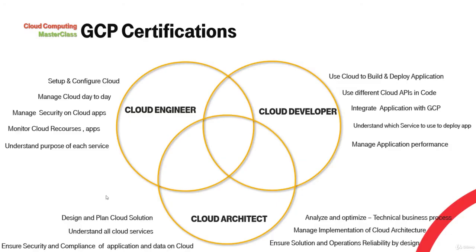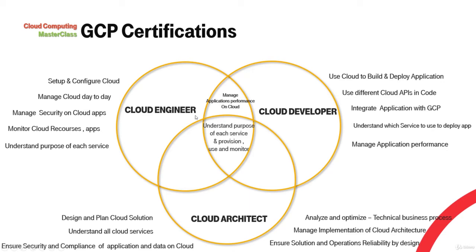If you look at the roles and responsibilities, you can think of merging roles and responsibilities. For all those certifications, you need a complete understanding of the purpose of each and every service, how to provision it, how to use and monitor those particular services.